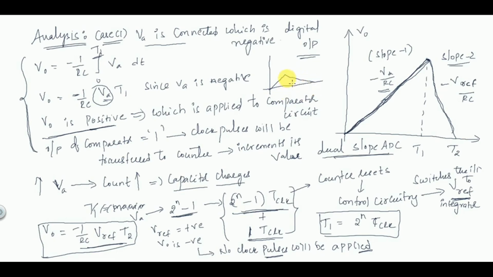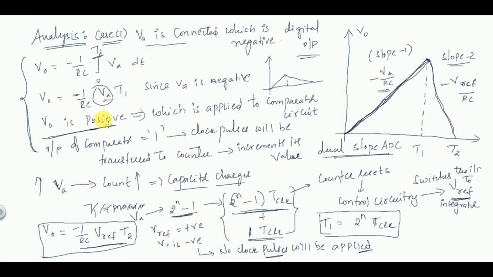So the discharging time constant will be more. This depends on the input magnitude, that is, the conversion rate depends on the input magnitude, unlike in the case of flash type ADC. This is one of the important points which you have to remember.